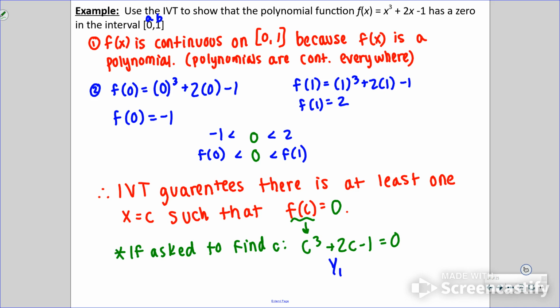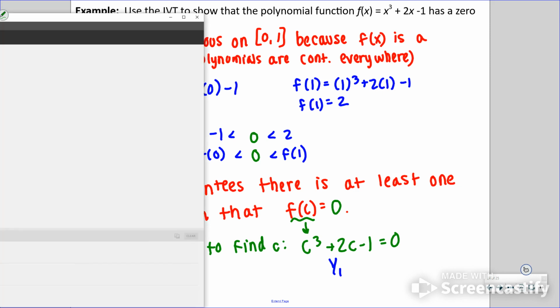And obviously, on the AP exam, if it's something you can't solve by hand, it would be a graphing calculator problem. And if there's more than one, I don't know if there is, I can probably tell by looking at it.